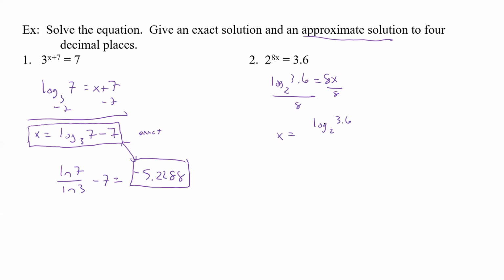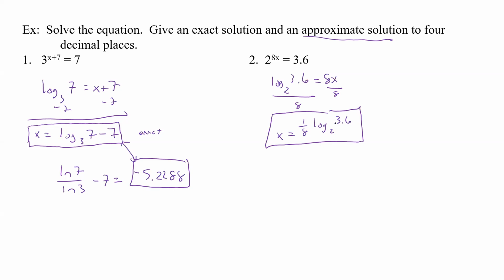And then when we divide by 8, we could also say, let's multiply by 1/8. And so that way, we have just kind of a continuous thing. We don't have this whole mess with a sub and then divided by 8. So that's what I would do for this one instead of having it divided by 8 there. I should have multiplied by 1/8. But that is going to be my exact solution.